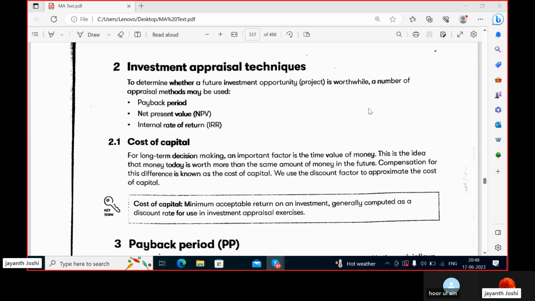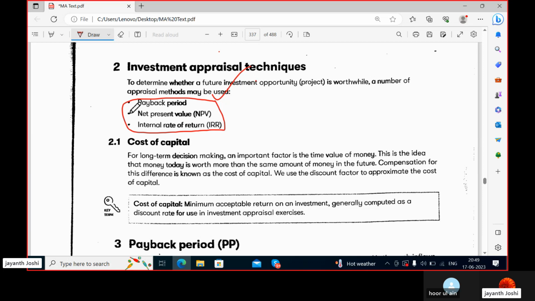So with the help of these three methods, it will be easy for you to analyze or judge whether the project in which you are planning to invest is a worthy or profitable project or not.